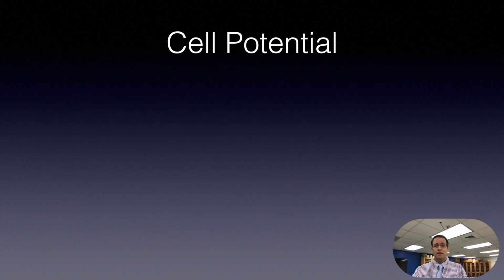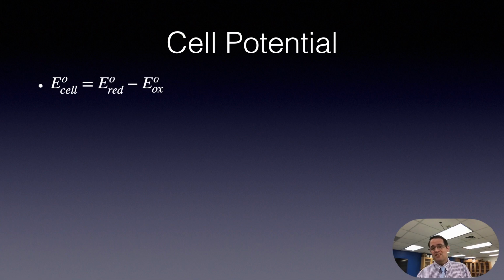Now, when we're talking about cell potentials, the cell potential, not the reduction potential, is for the overall redox reaction. Now remember, you have your anode and your cathode, the two half reactions, and the cell potential is going to be equal to the reduction potential minus the oxidation potential.